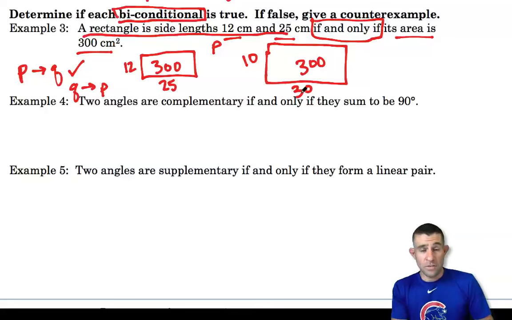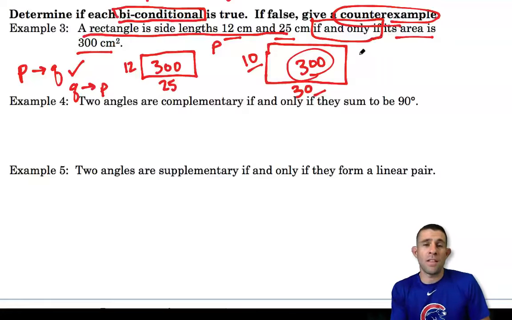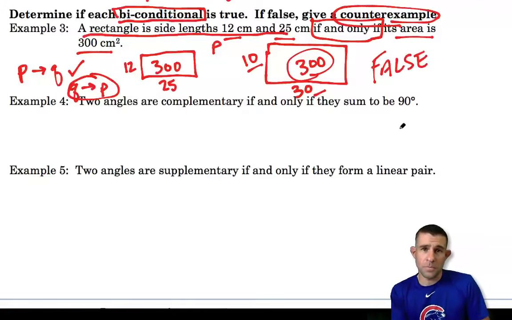If I had a rectangle that had sides 10 and 30, that would give me an area of 300 as well, but that would not be a rectangle that has sides 12 and 25. Therefore, this is an example of a counterexample in which we've proven that this statement, Q implies P, is false. And because it's false, we have to say this whole biconditional is false as well.